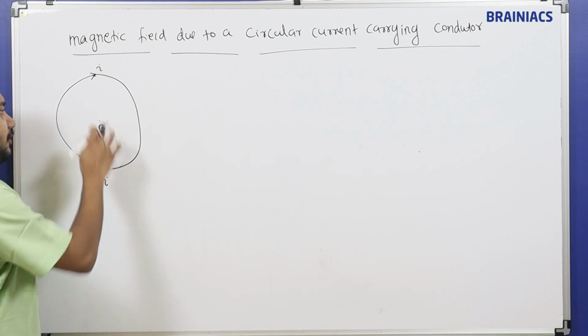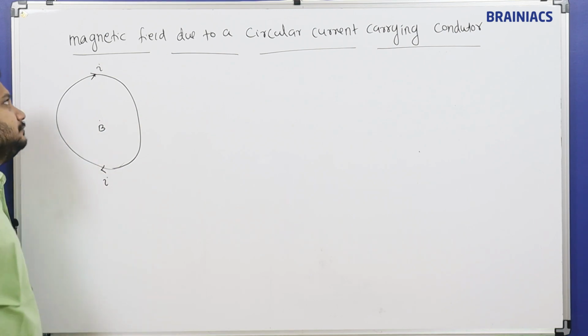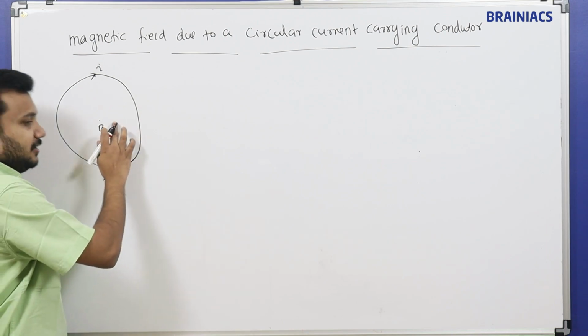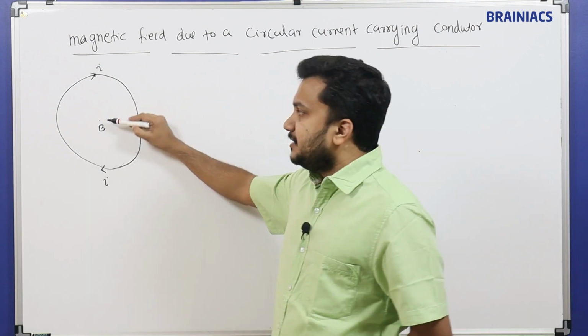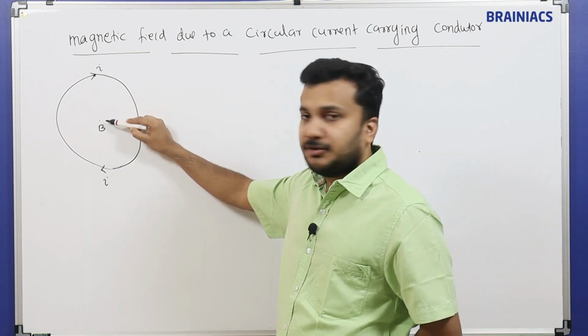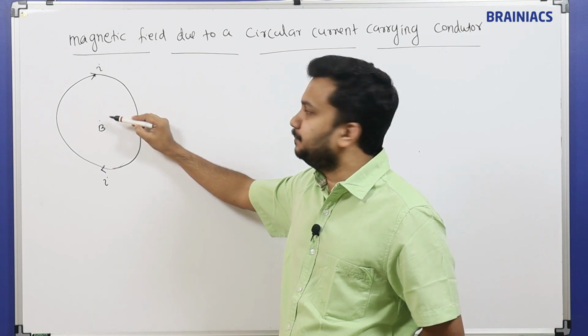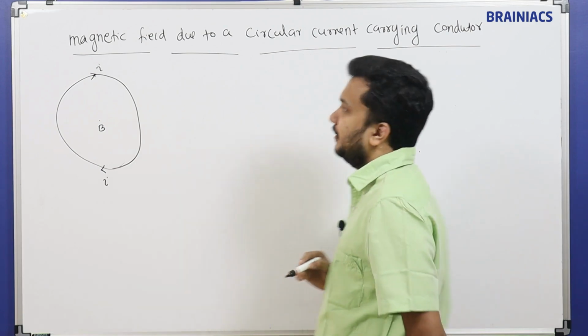We are going to calculate the magnetic field at the center of the circular current carrying conductor.